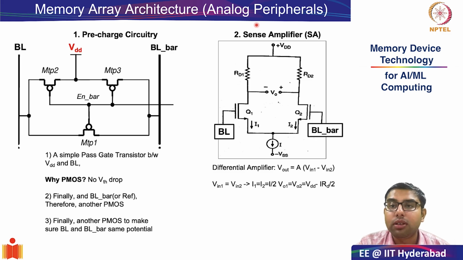This is because when we read out, the voltages that develop on bit line and bit line bar are not pure 0 or VDD, which are the contents of the cell, but a small differential voltage. This is because the size of the cell and the associated capacitance is negligible compared to the huge interconnect capacitance of bit line and bit line bar.